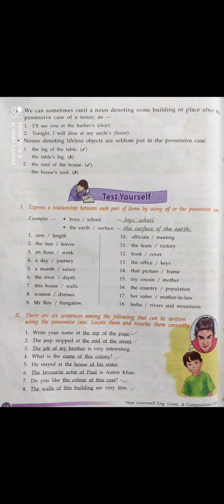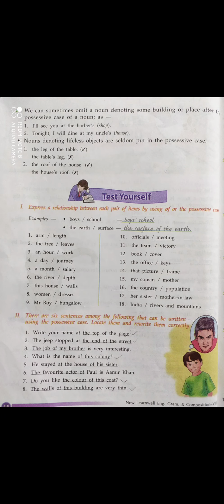Here, we can sometimes omit a noun denoting some building or place after the possessive case of a noun. For example, I will see you at the barber's. Basically we stop here, but we skip the noun shop.